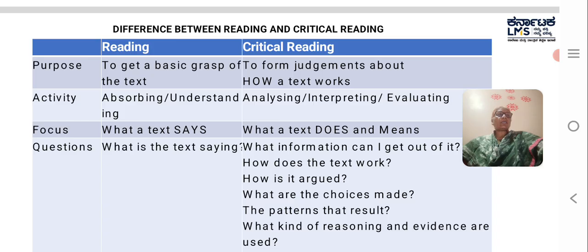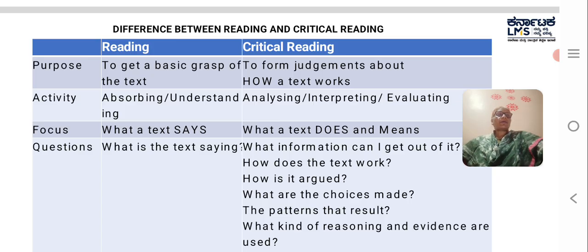In normal reading, the activity involved is just absorbing and understanding, whereas in critical reading, the activity involved is analyzing the text, interpreting, and evaluating. It's a much more complex skill, not just reading. The focus of reading is just on what the text says, whereas in critical reading, the focus is on what the text does and what it means.